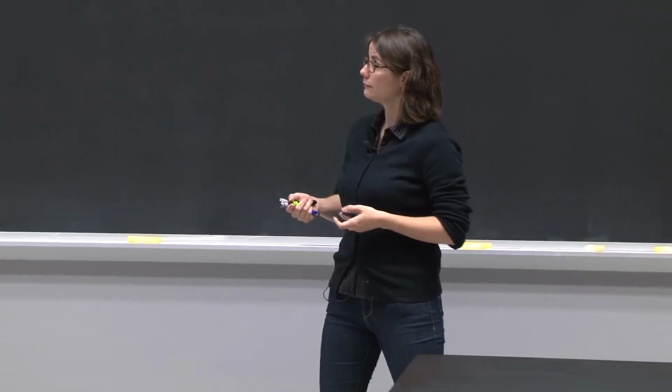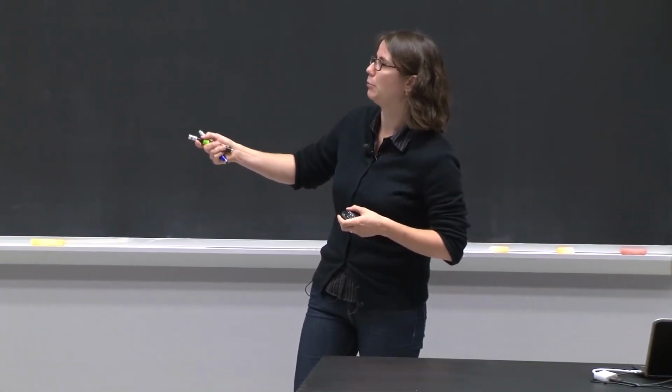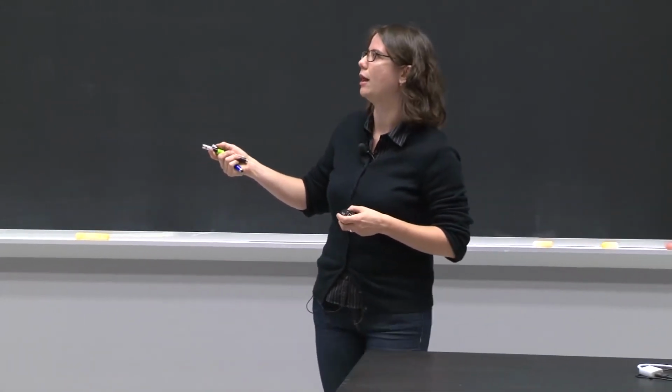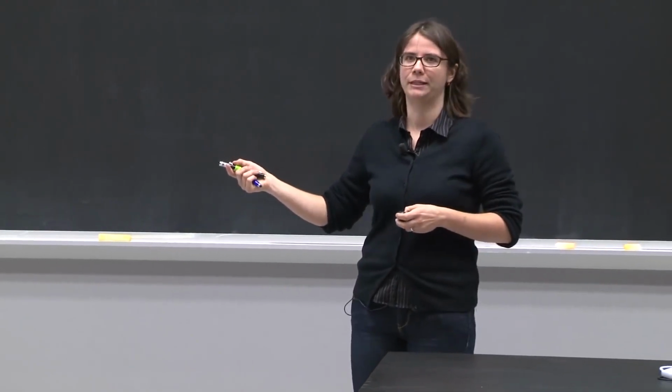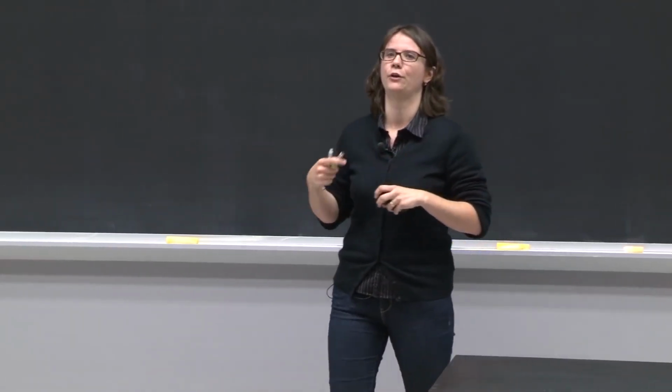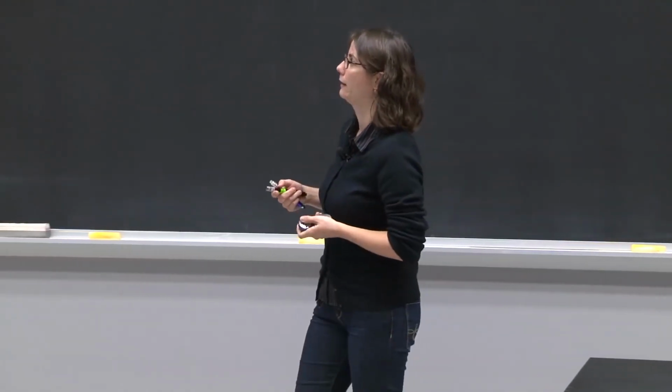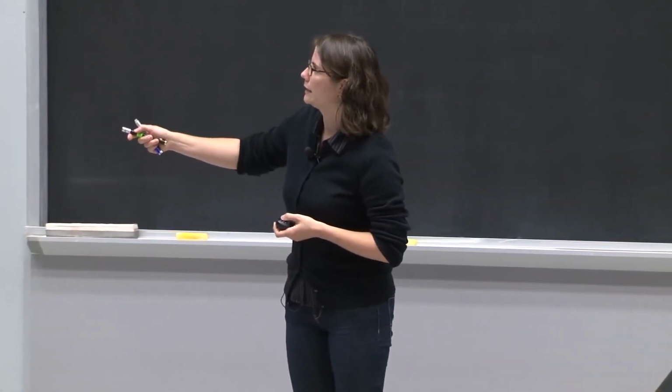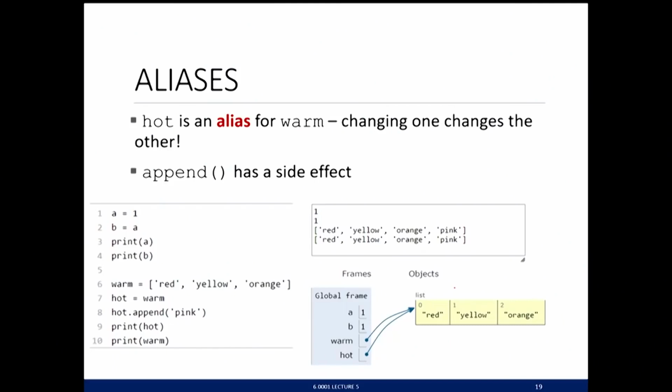So let's see a few examples. I apologize if this is a little small, but I basically copied and pasted this from the Python Tutor, which is just the code from today's lecture. The first couple of lines really just show what happens when you're dealing with non-mutable objects. With non-mutable objects, you have 2 separate objects that get their own values, and that's it. End of story.